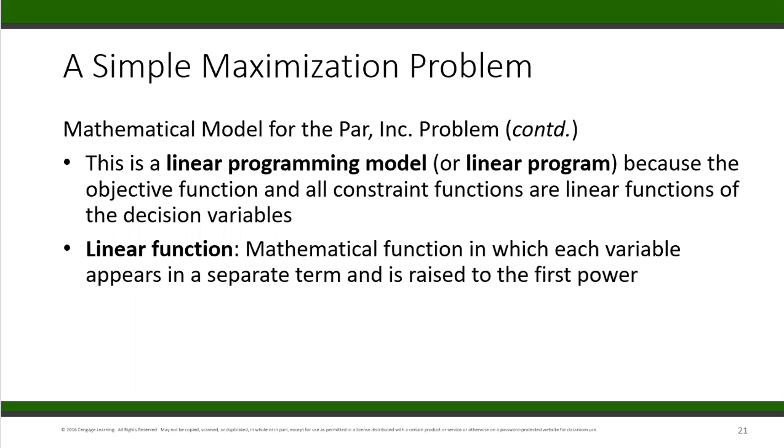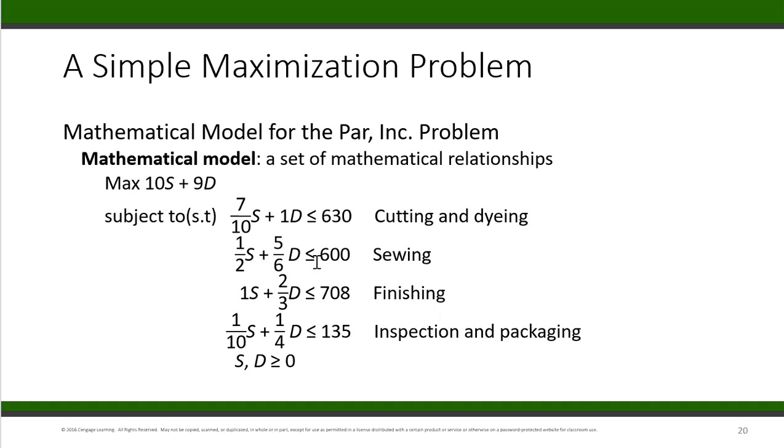So like I said, in this formulation, everything is a linear function. A linear function is a mathematical function in which each variable appears in a separate term and is raised to the first power. So you can't have x1 times x2 or S times D. They have to be separate, and the power of each one should be exactly equal to 1.